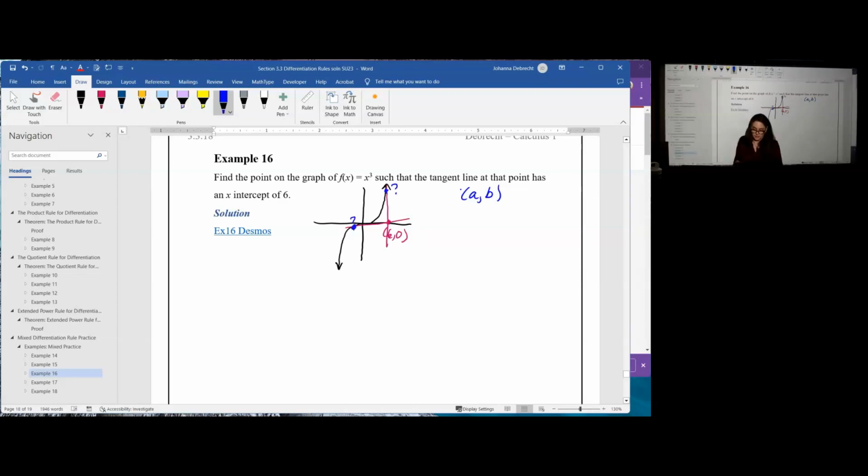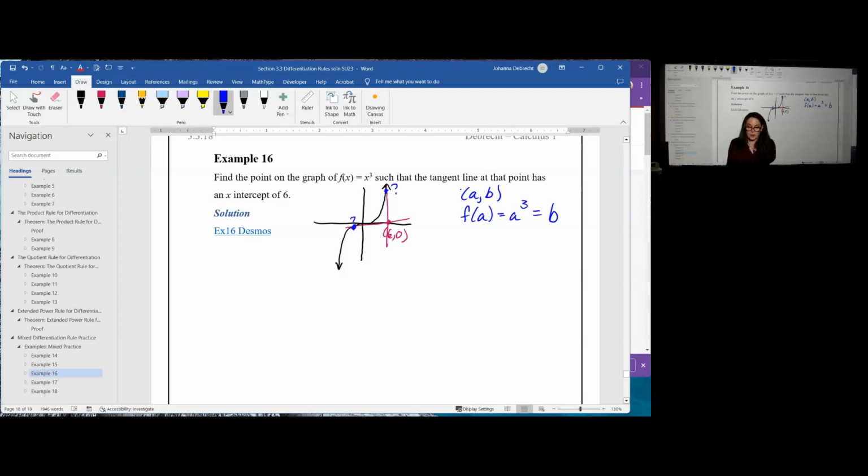be a, b. To be on the graph of x cubed means that f of a equals a cubed, which of course is b. So the value of b is in fact a cubed. Now, we also know that we want to find the tangent line, which means we need the derivative.